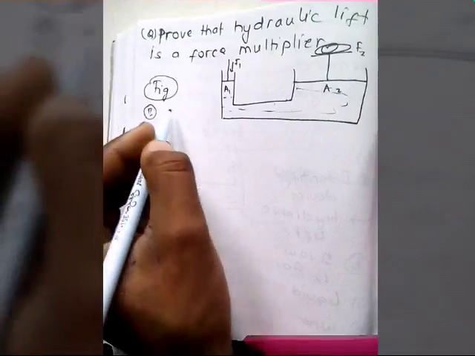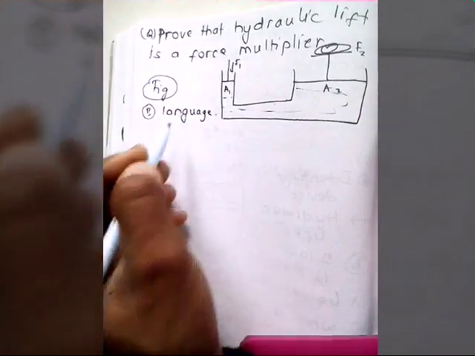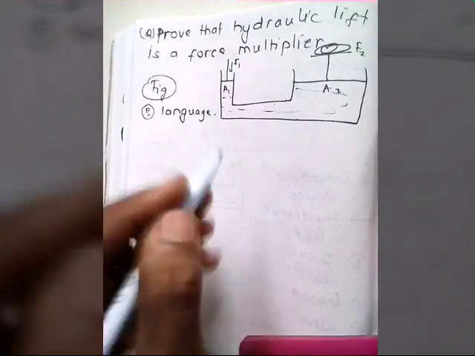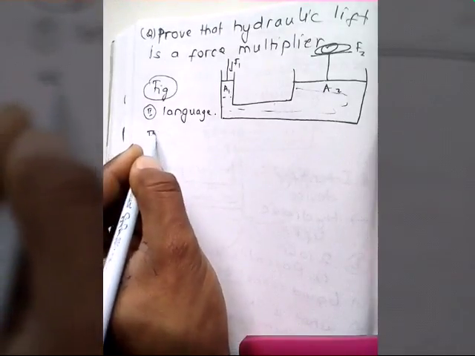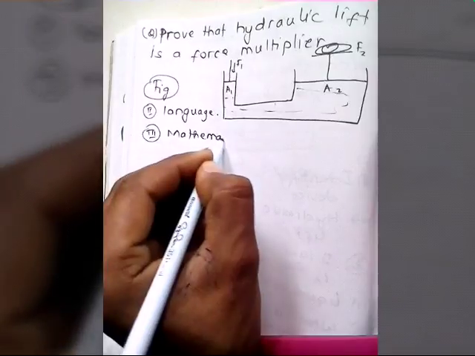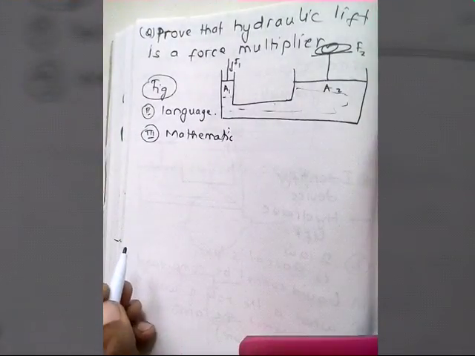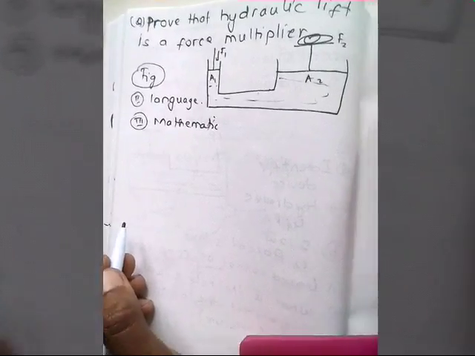Second, you have to consider the language. Whatever figure you have made, we just have to write simple language based on the figure. And third is the involved mathematics, the calculation, the part of the derivation or proof. We have already made the figure, so let's write the language.